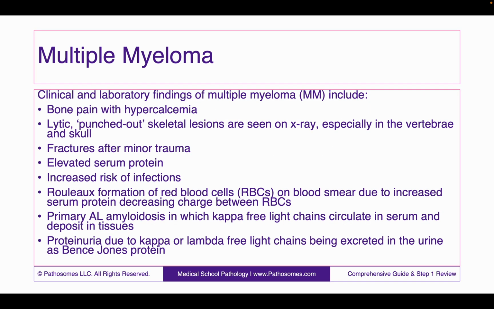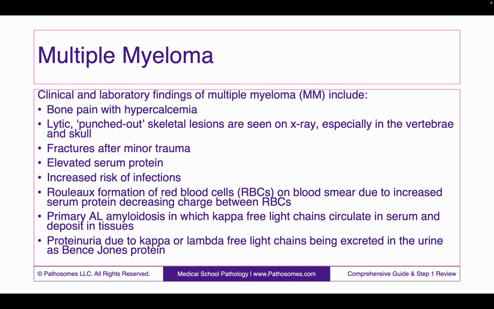Clinical and laboratory findings of multiple myeloma include bone pain with hypercalcemia, lytic punched out lesions like we saw on the skull imaging. Those lytic punched out lesions show up as skeletal lesions on X-ray, especially involving the vertebrae and the skull, but it can be any bone.